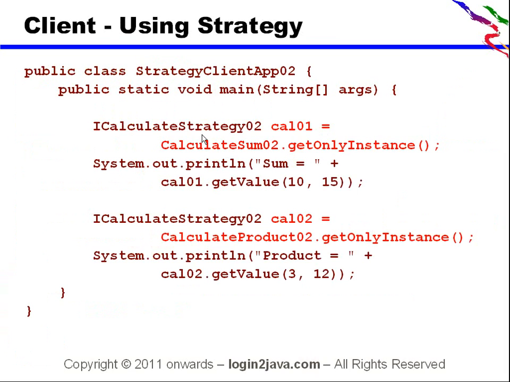Now in the client code, the change will be that instead of new, you can use CalculateSum02.getOnlyInstance and CalculateProduct02.getOnlyInstance.